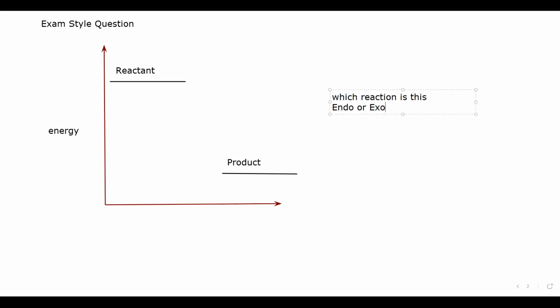So, looking at the energy profile diagram, which reaction is this? This reaction is exothermic because the reactants have high energy and the product has low energy. That is one way they ask. So that's right, this reaction is exo.